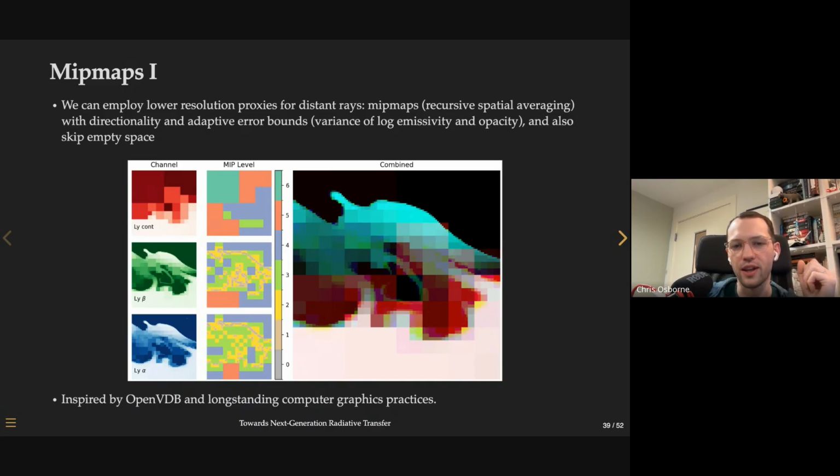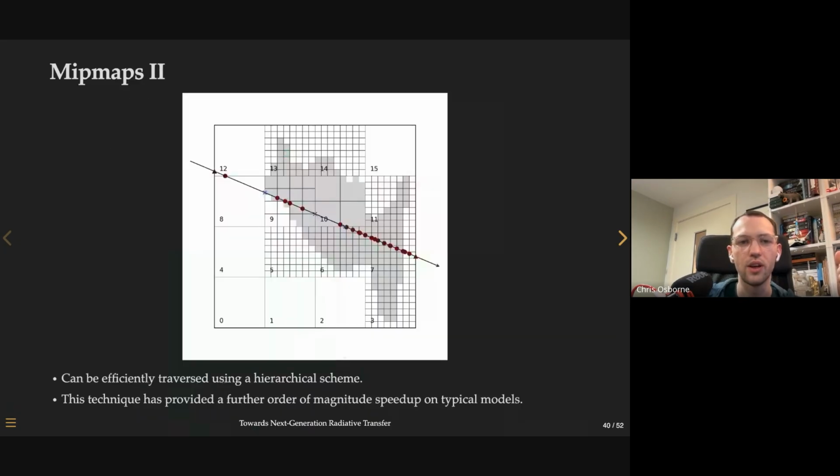But in regions where that's not the case, what we did was we built these structures inspired by the OpenVDB library, which is, to the best of my knowledge, the only code library to have ever won 2 Academy Awards, which is something we built on for that. We built a modified version inspired by their work for efficiently representing sparse volumes at multiple resolutions that allow us to ray trace through these structures very efficiently.